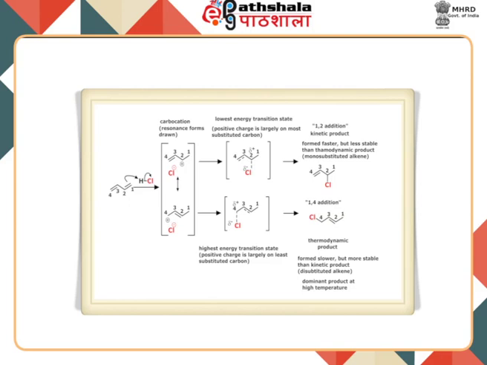Now the positive charge is largely on the most substituted carbon, and in that case the 1,2 addition product, that is the kinetic addition product, is formed, which is faster, and in the other case the 1,4 addition product is formed slower but is more stable than the kinetic product. It is a di-substituted alkene, and this product is formed at high temperature. In this case the intermediate has a positive charge largely on the least substituted carbon.